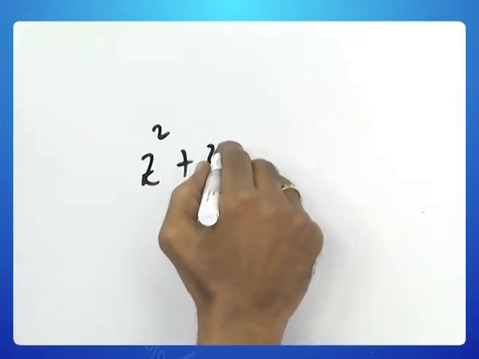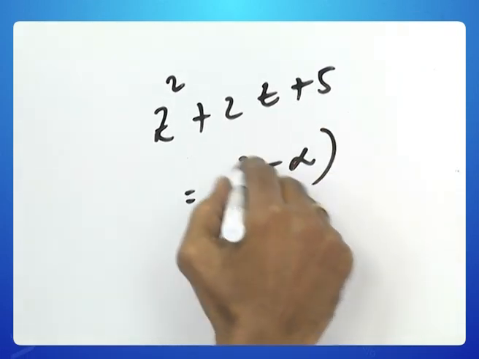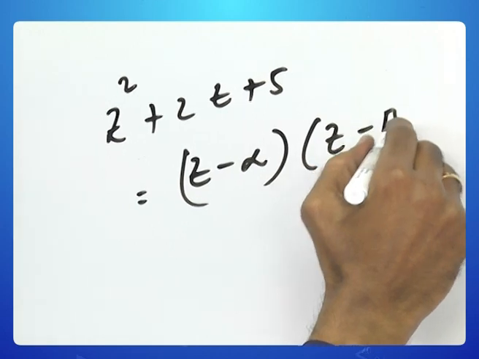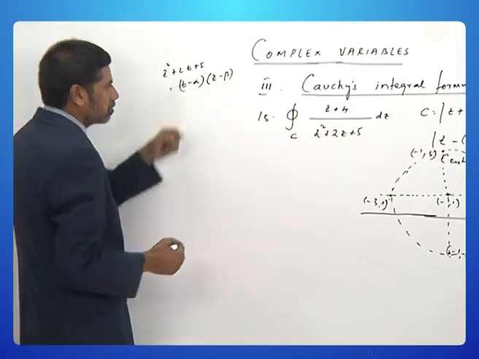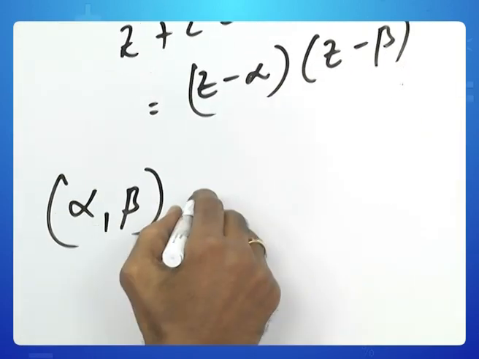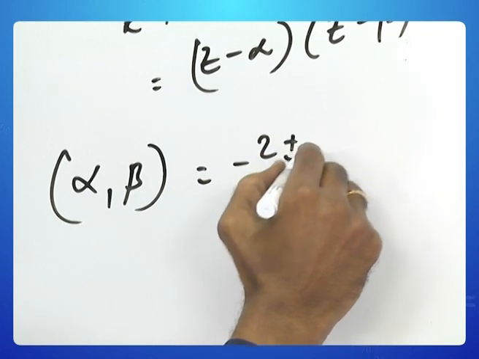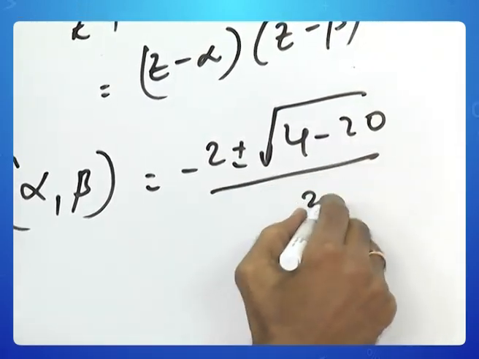z square plus 2z plus 5 can be written as z minus alpha into z minus beta, where alpha and beta have to be found. They are the zeros of this polynomial. So alpha and beta will be -2 plus or minus square root of 4 minus 20, by 2.